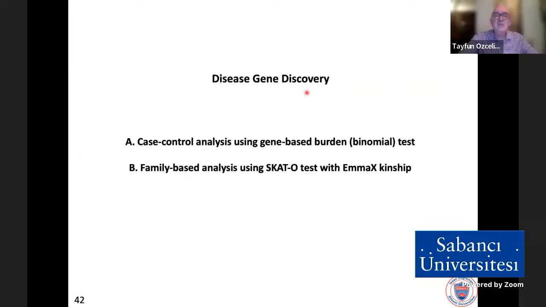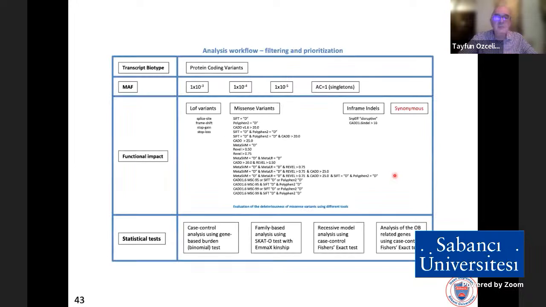For disease gene discovery, we use two main approaches: case control analysis using gene-based burden test, and family-based analysis using SCAT test with a max kinship. Because of time constraints, I cannot show all the analysis, but here is an example of gene-based binomial burden test analysis.